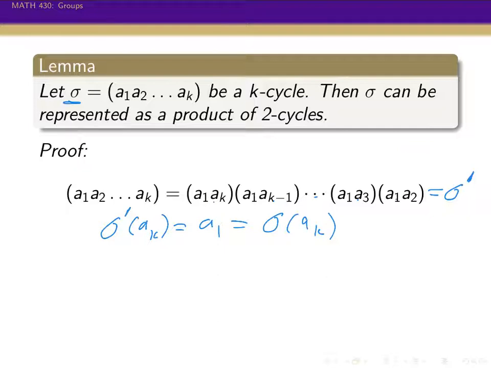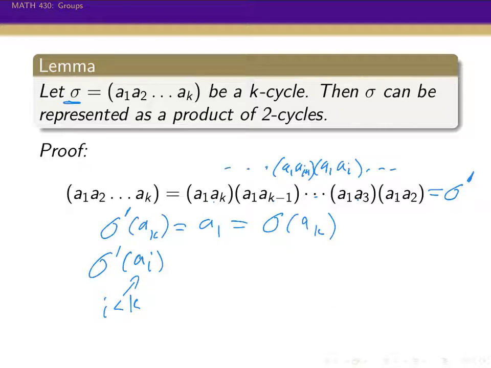Now I want to think about what happens to sigma prime of AI where I is strictly less than K. If we go through and think about what's happening in these cycles, eventually the pattern here is that we would have A1 AI in here, and then A1 AI plus 1, and nothing before it or nothing after it has either AI or AI plus 1.